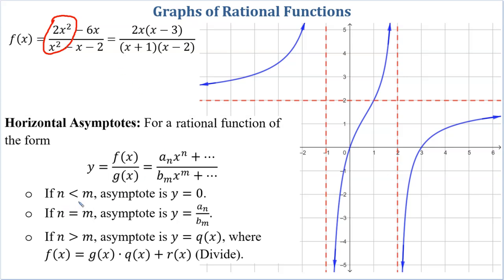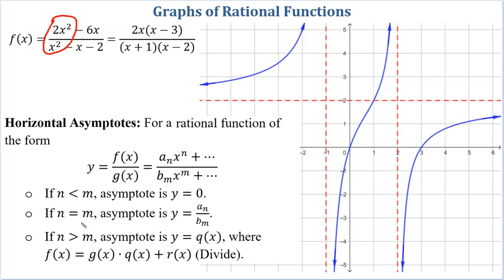Okay, if n is less than m, as in the top degree is less than the bottom degree, the asymptote is y equals 0. So that'll be the case where the bottom wins the tug of war, and our graph is going to get pulled down to the x-axis, just like with our reciprocal function.